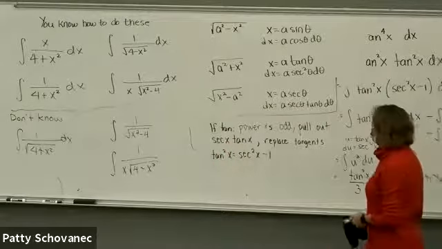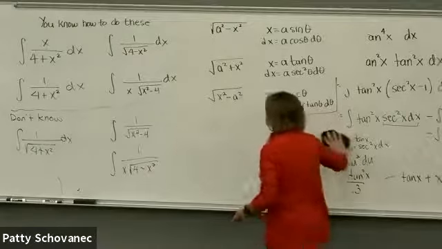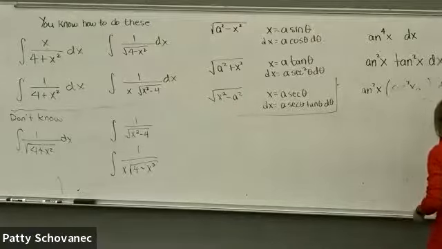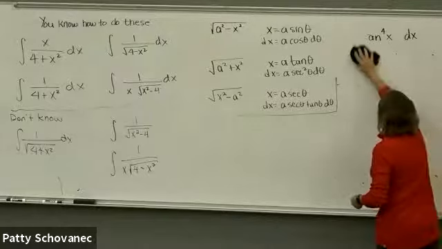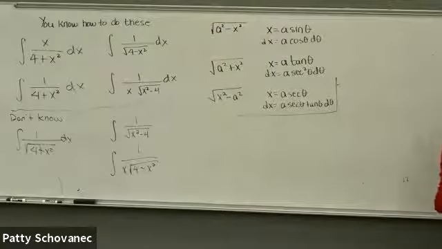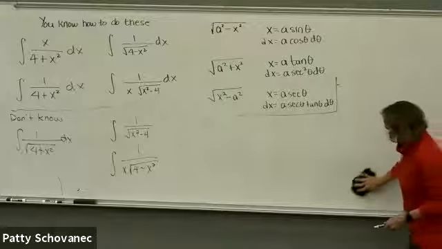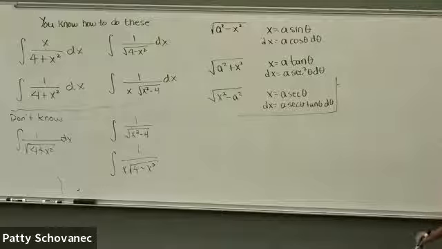And let's just go ahead and do one of them. Let's just do that first one over there. The 1 over the square root of 4 plus x squared.